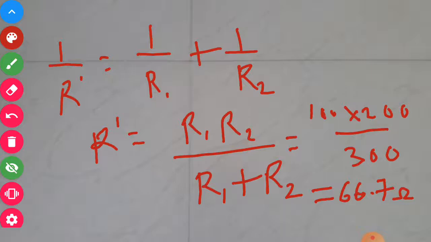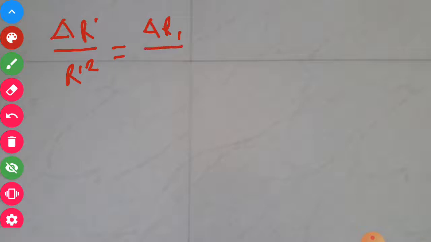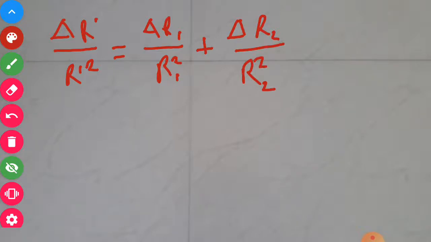Okay, now see, the formula is given. Okay, we have this formula. Which formula is given? Delta R prime upon R prime square, where R prime is nothing but the resultant value, is equal to delta R1 upon R1 square plus delta R2 upon R2 square. These are the things which are given to us.